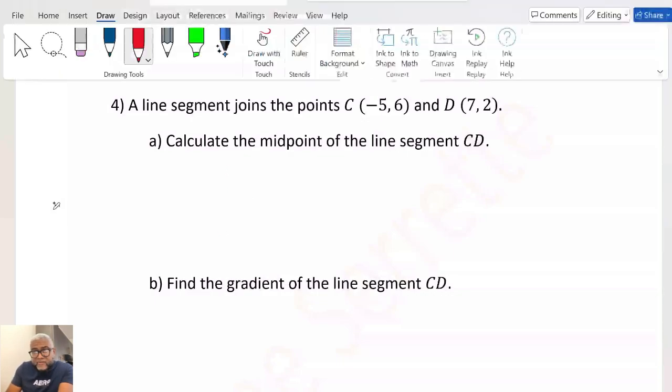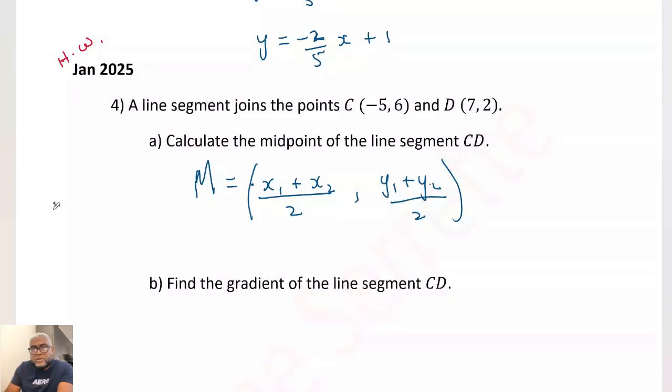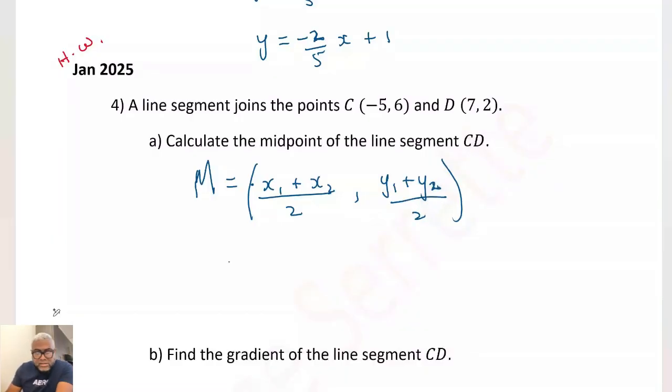First things first, what is the formula for the midpoint of a line segment, Zaria? Capital M, open brackets, (x1 plus x2) over 2, comma, (y1 plus y2) over 2. Alex, what are x1 and x2 here? Repeat. What are x1 and x2? Minus 5 and 6.